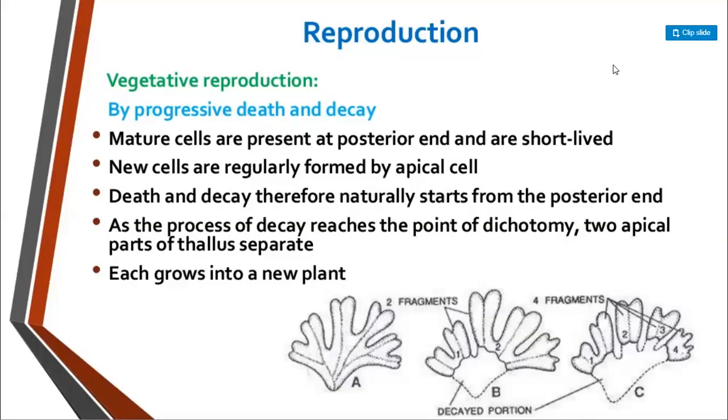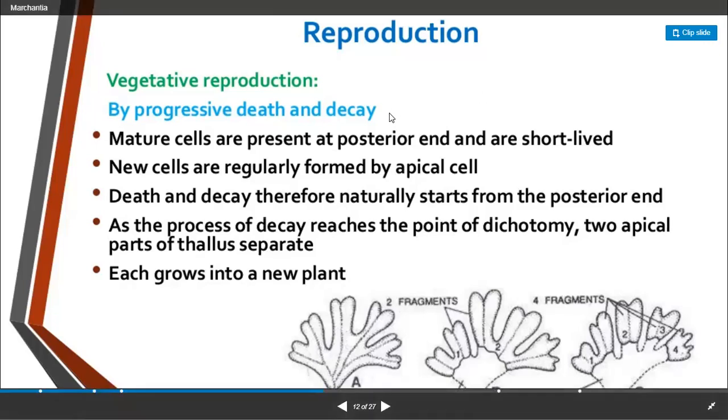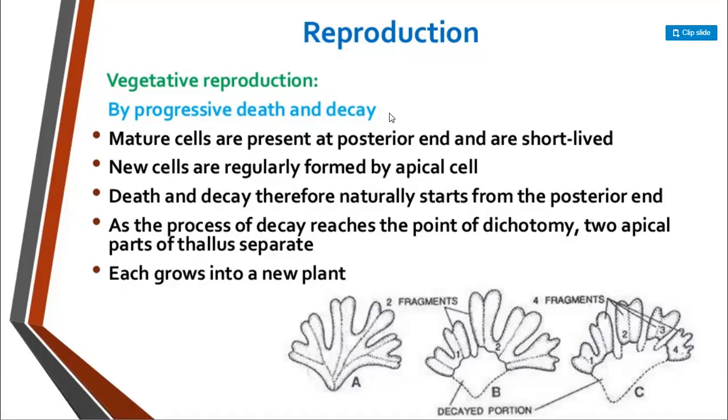Coming to the first type of vegetative reproduction, that is the progressive death and decay, or development of new cells from the fragments of the thalluses. So what is this progressive death and decay?